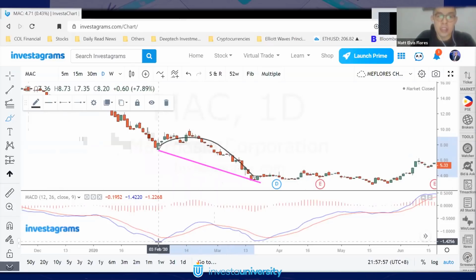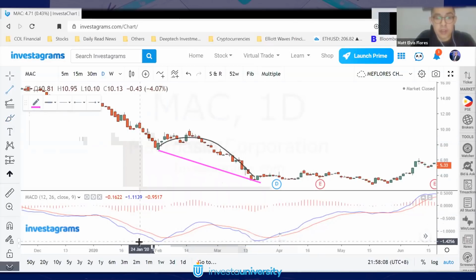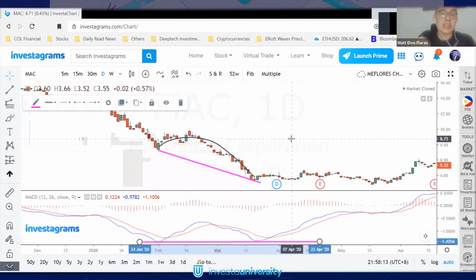Okay? As you can see here, hindi na siya lumusot doon sa previous support ng MACD mo. Yan, diba? Kita mo?